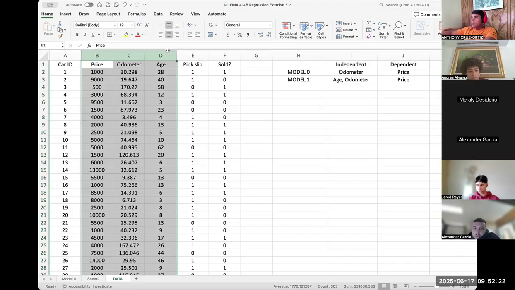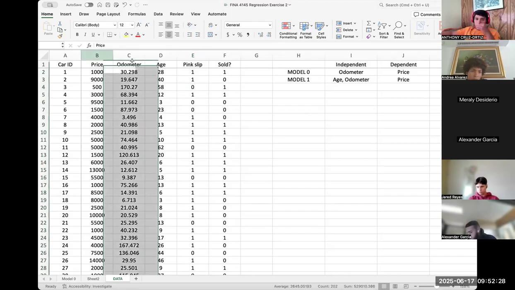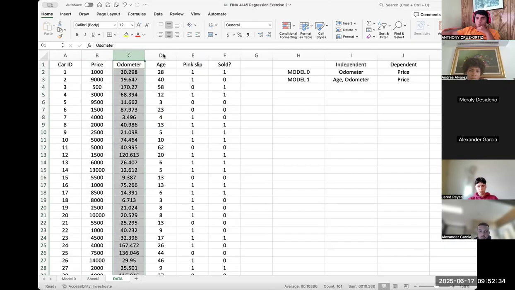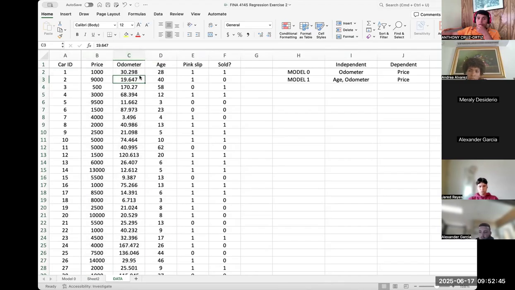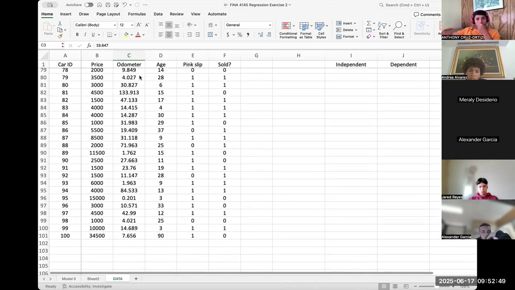We should first probably do the scatter plots to look at them. That's what we did last class. So let's do a price and odometer scatter plot. If I just do this, it does it backwards, right? That's what we found out. You should always do the 2 by 2 plots to look at them, like you do it in pairs.